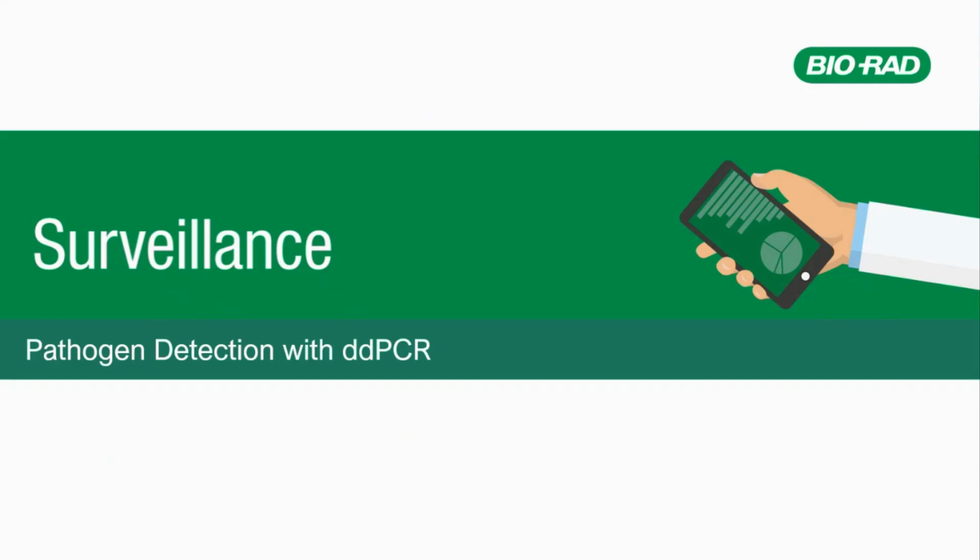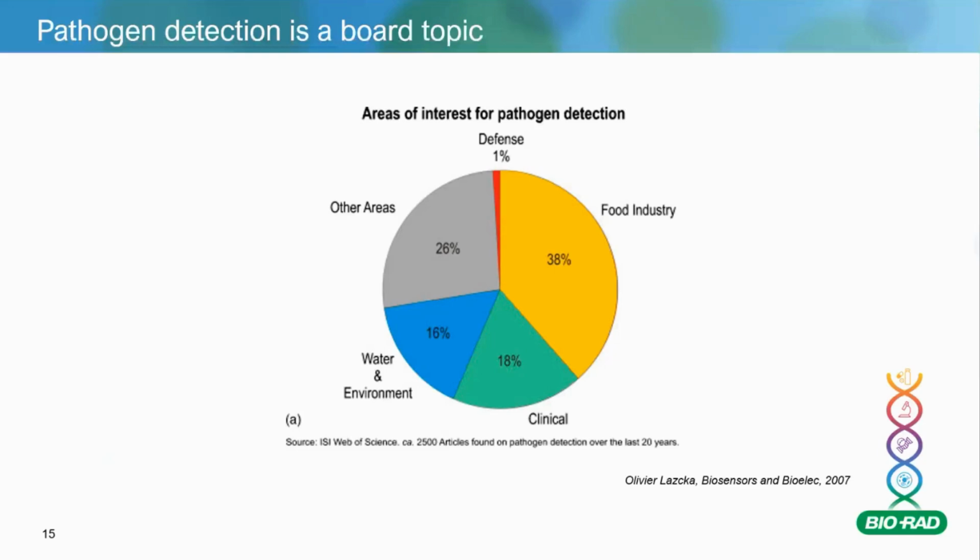Now we're going to look at surveillance in terms of our pathogen detection with ddPCR. Pathogen detection is obviously quite a broad topic, as we can see by this paper from 2007. You've got defense as one area, the food industry, clinical, water and environmental samples, as we touched on with wastewater-based epidemiology, and other areas.